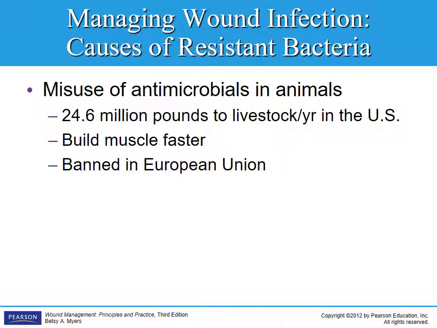Other causes of resistant bacteria are the misuse of antimicrobials in animals. 24.6 million pounds of antimicrobials, antibiotics are used in livestock per year in the U.S. Because the farmers found that when they used antibiotics and antimicrobials in all types of livestock, the livestock would build muscle faster. And when you think about the environment in which livestock live, it's kind of like we talked about earlier with the MRSA.